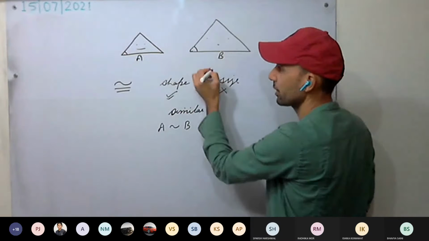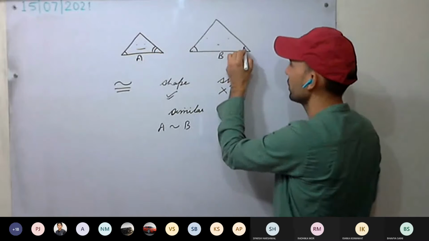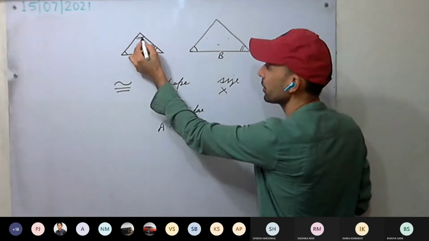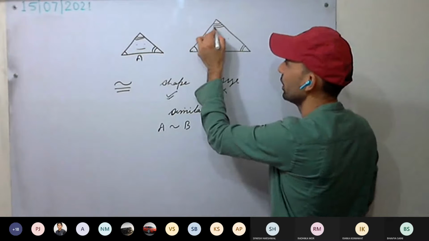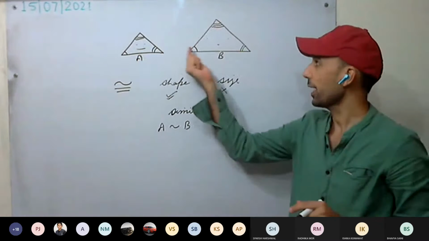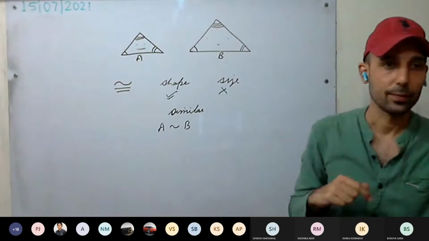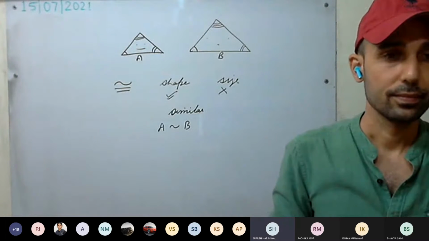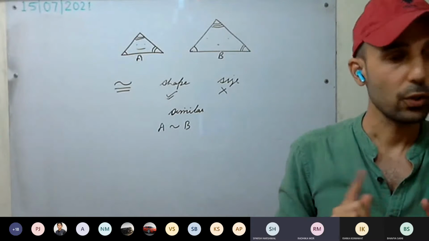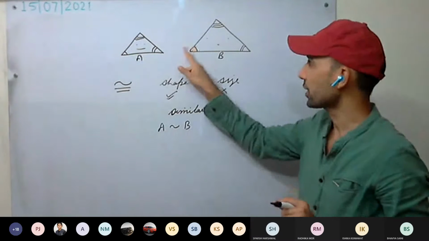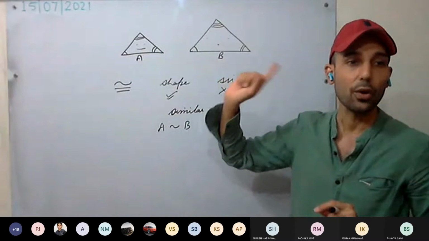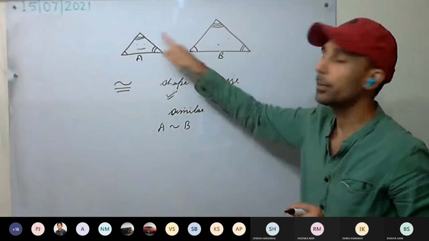This angle will be equal to this angle, this angle to this angle, and this angle to this angle. So corresponding angles are equal. Are the corresponding sides also equal? No, sir. Corresponding angles are equal, but corresponding sides are not equal. They are in proportion.